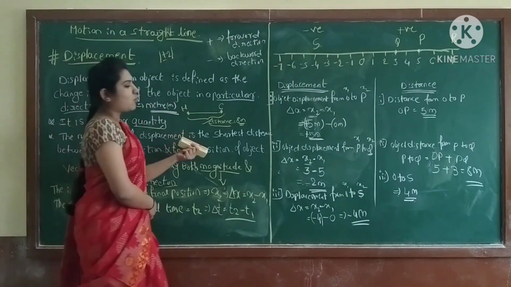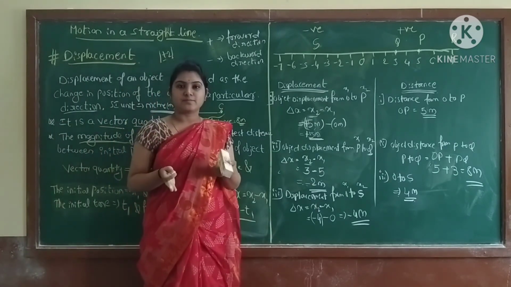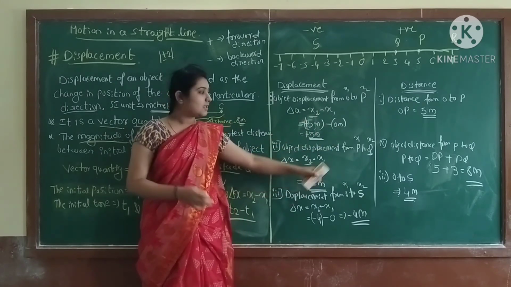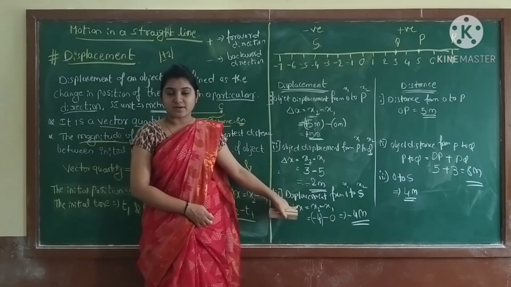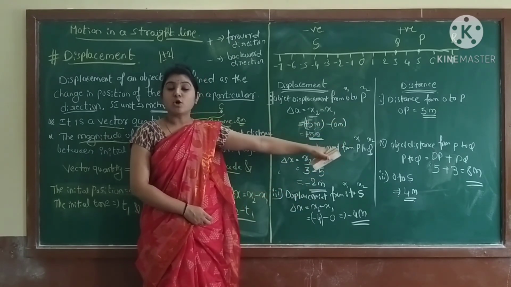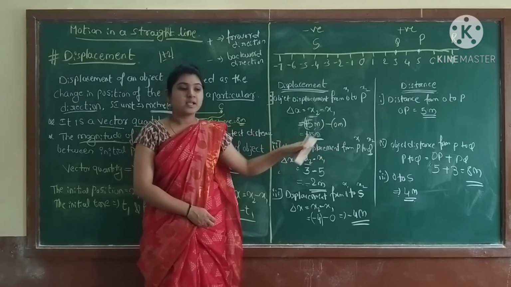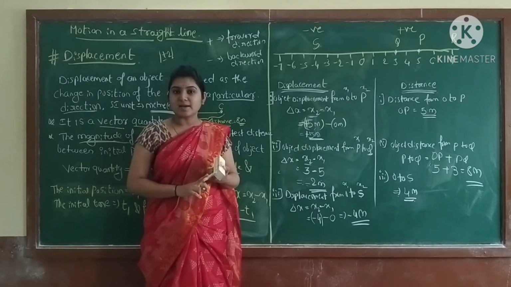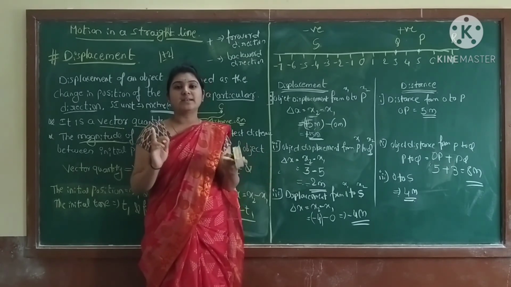So this is about displacement. Don't confuse distance and displacement. They are different. What is distance? Only magnitude, because it is a scalar quantity. In displacement we consider both magnitude and direction, because it is a vector quantity.